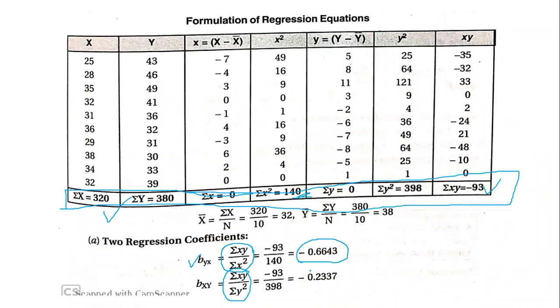Okay, and then for bxy, sigma xy is minus 93 divided by sigma y square, which is 398. So the second coefficient, that is bxy, is minus 0.2337. Again you have minus because 93 has minus in both cases.